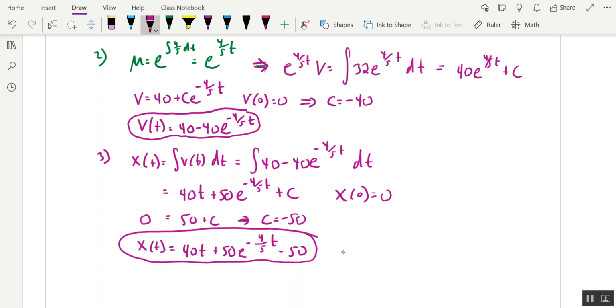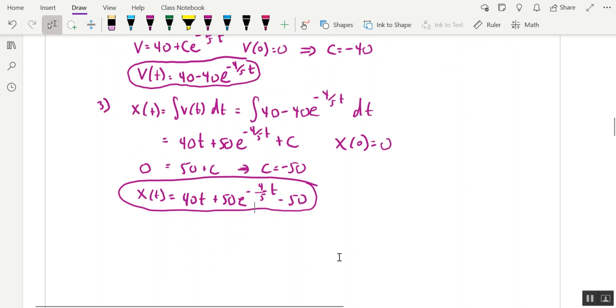4/5. Part 4 is approximately when does the baby hit the ground? Ignore the exponential term. So for part 4, remember the origin's up here in the sky. So here's the baby being dropped. Draw a little, I don't know, baby.